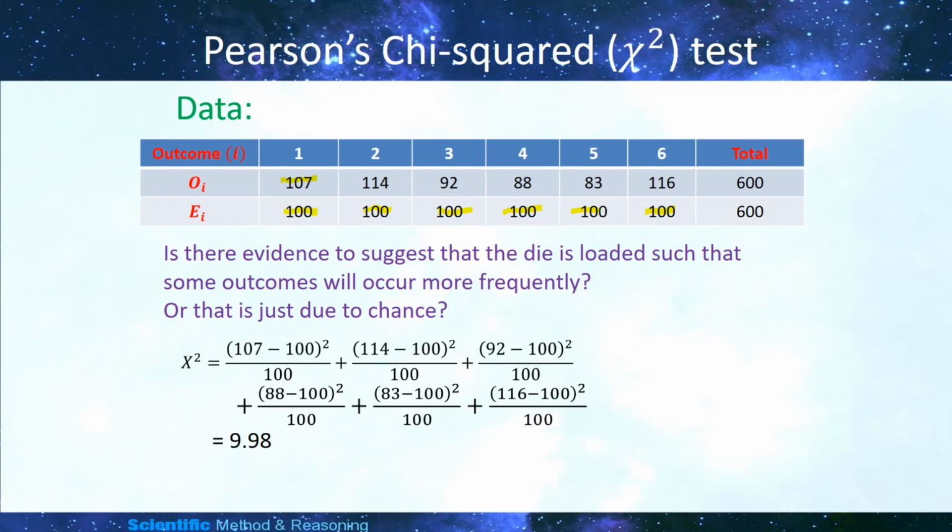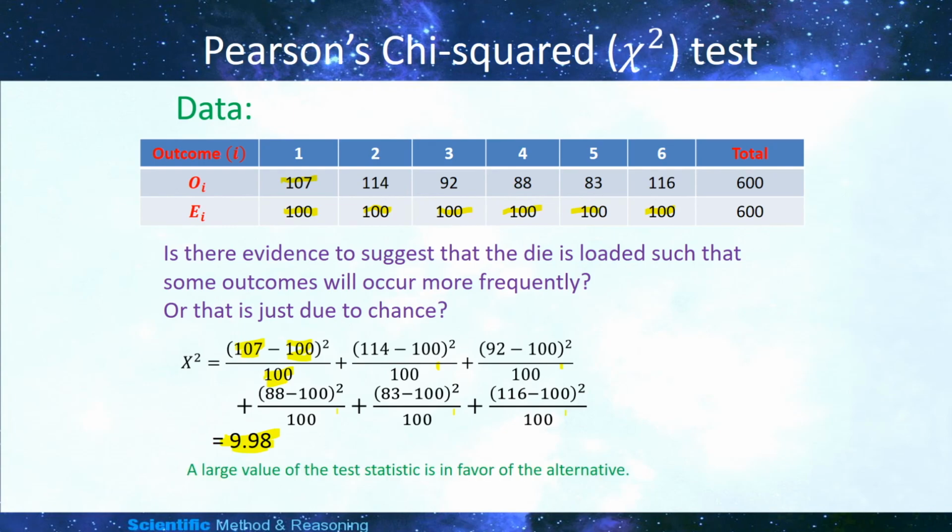For example, when i equals 1, we have 107 minus E1, 100, taking the whole square divided by E1. And similarly for i equals 2, 3, 4, 5, and 6. And we can simply calculate the test statistic to be 9.98.